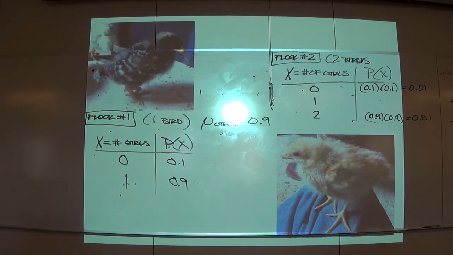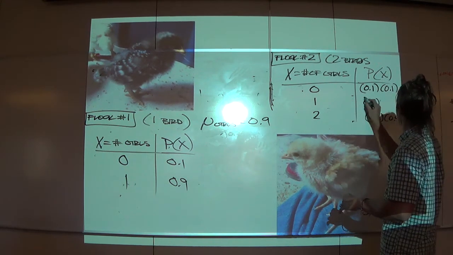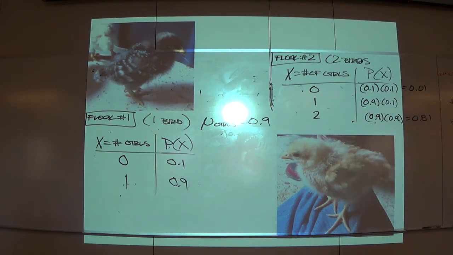Now, what's the chance of 1? Is it 0.9 times 0.1? Because if we're getting 1, we're getting a girl and a boy, yes? Now check this. I'm going to put 0.9 times 0.1, which equals 0.09, yes? Now if we stop with that though, what's wrong?